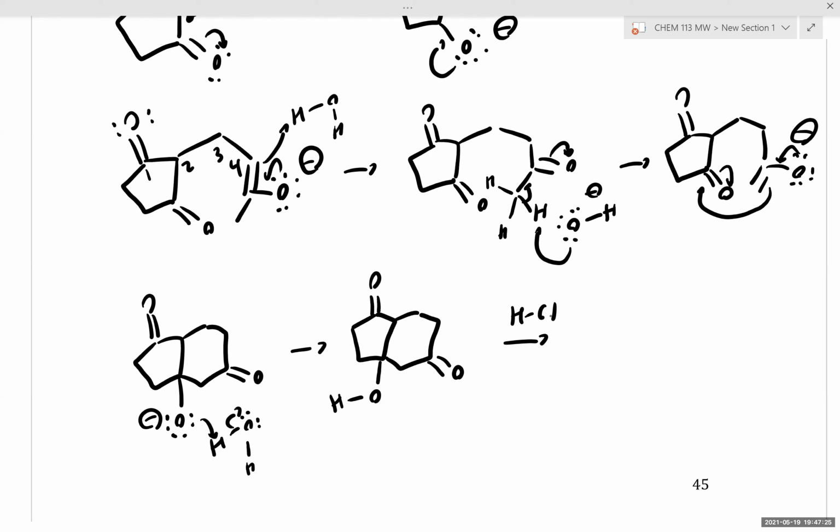How do we drive the equilibrium for the Aldol reaction to completion? How do we drive this equilibrium to favor the products?